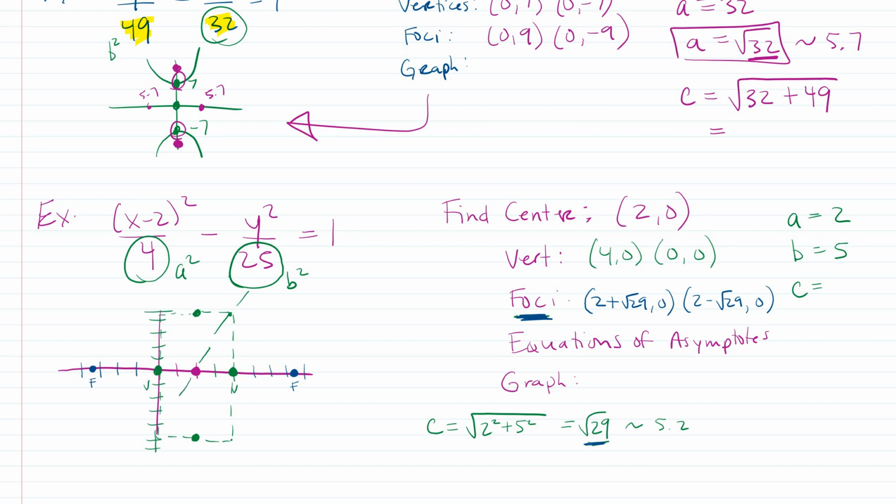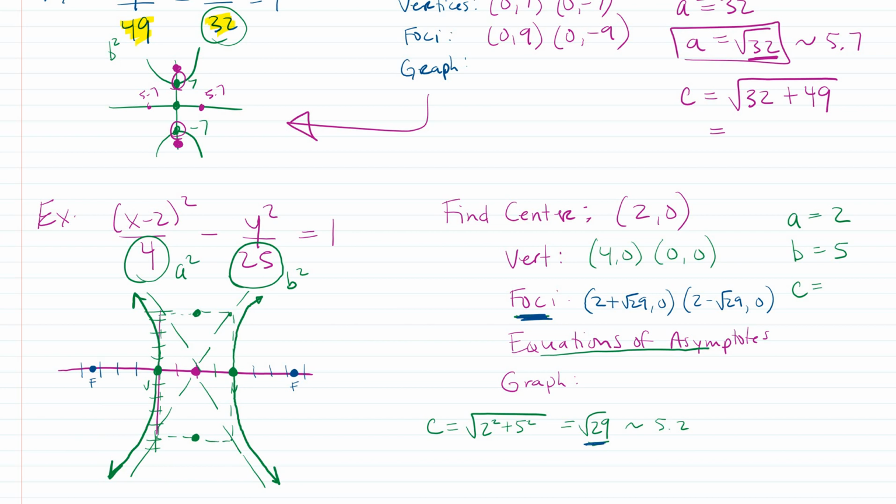So there's an asymptote here and an asymptote there, and they go through the corners of the box. So if this is our vertex, each side of our hyperbola is going to go towards these asymptotes. So out that direction, out that direction, out that direction, and out that direction.